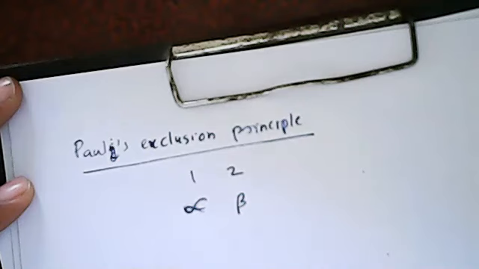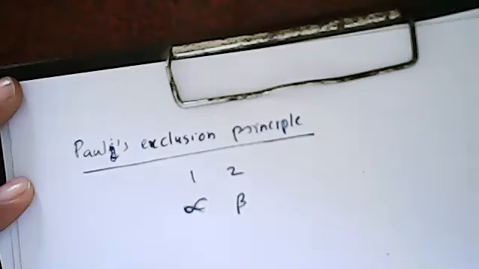Now finally we are going to have another interpretation for Pauli's exclusion principle, and for that you consider two particles and two states, alpha and beta.